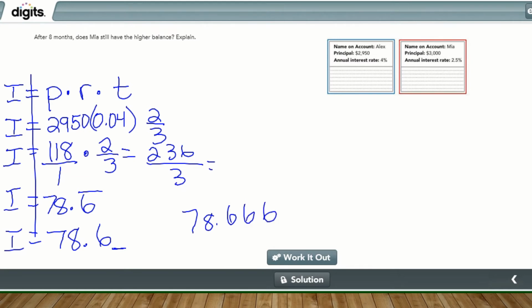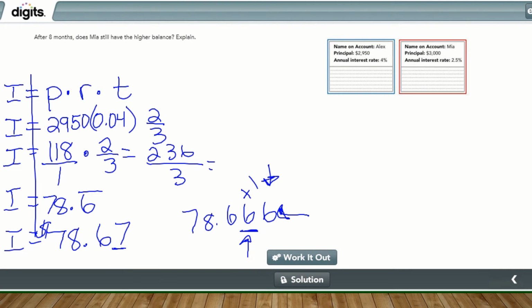So when you're rounding to the hundredths place, you have to look at the thousandths place to figure out if this 6 here will stay the same or increase. In the thousandths place, if it's 5 or more, you raise the score. 4 or less, let it rest. So this 6 here is 5 or more. So I'm going to raise this score 1 more, and that will round to a 7. So it's $78.67 for the interest at the end of the 8 months.